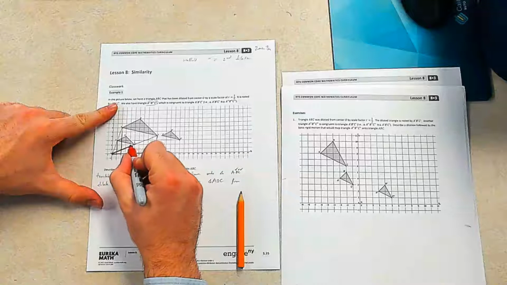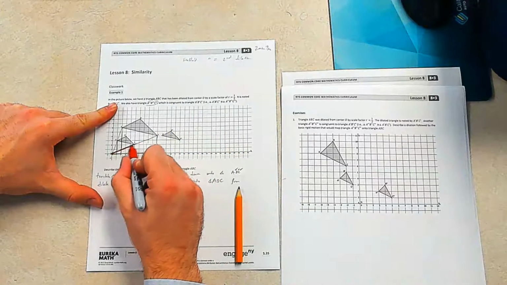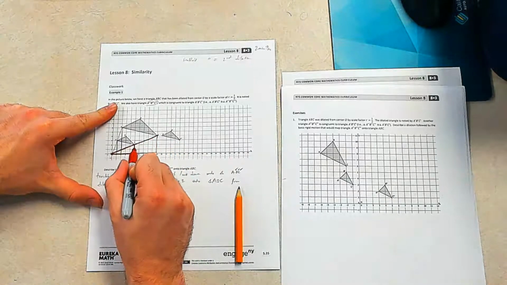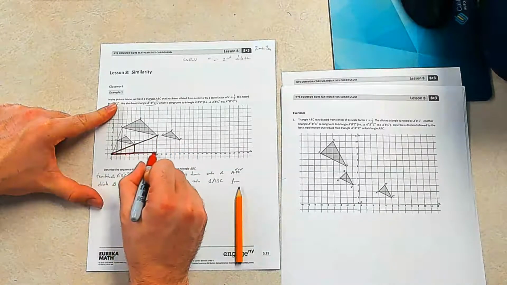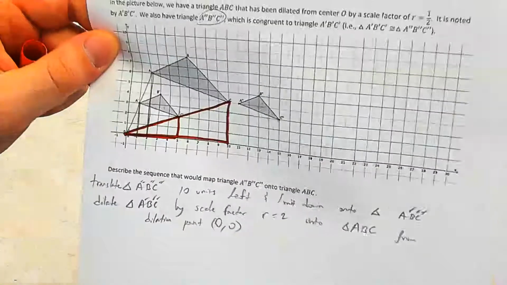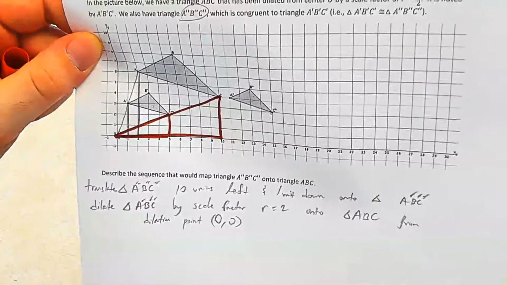So here's O to C. O to C prime. So there's a triangle I made from O to C and O to C prime.